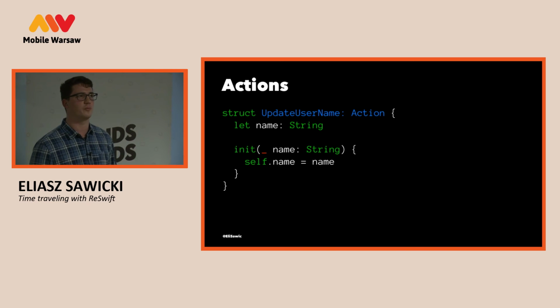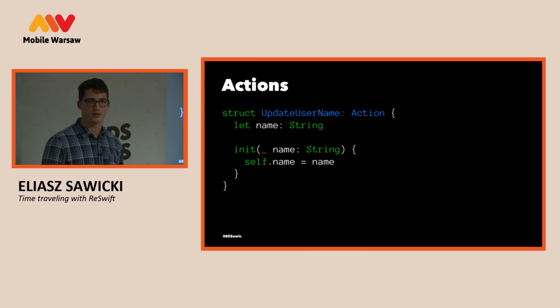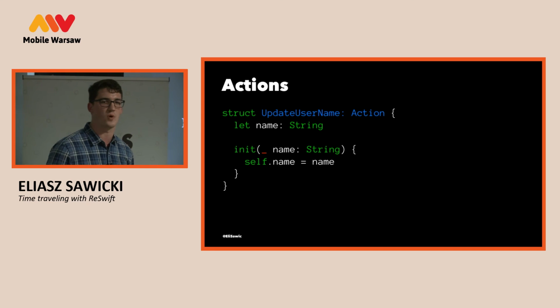So I think it would be pretty hard to serialize logic, because normally when you record your actions, you store them in a JSON file. Then you create those actions back using this JSON file, so they do not contain any logic. And I think that's partly the reason why.